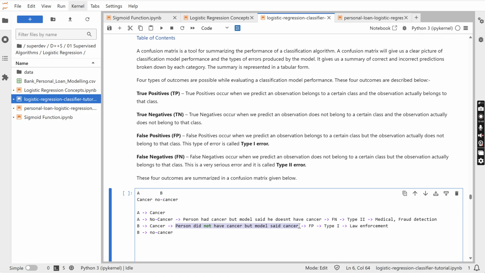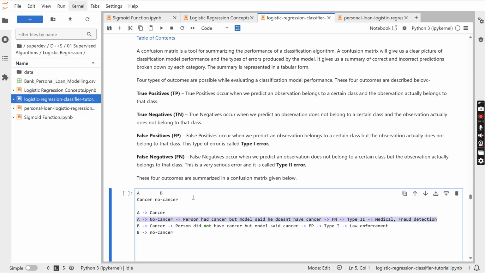He will be put in jail. Unfortunately, even though it was a false positive case, the person will end up spoiling his entire life. So in law enforcement use cases, your type 1 error should be as low as possible. In medical or fraud detection use cases, your false negative should be as low as possible.